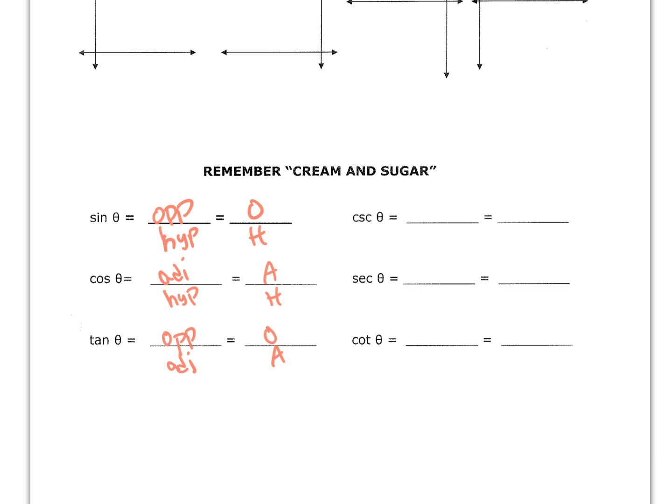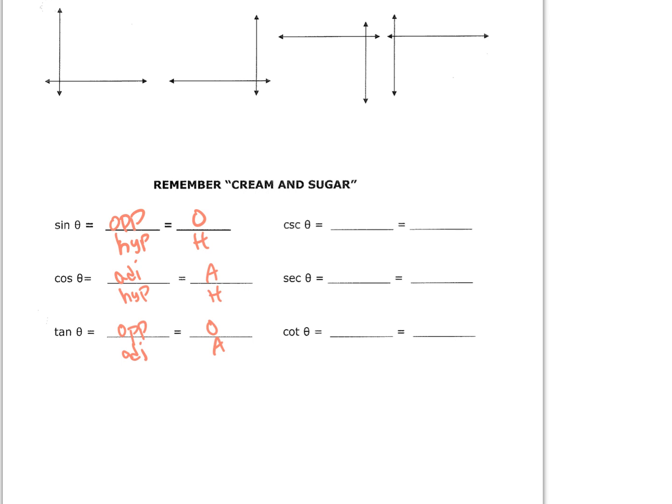The reciprocal of sine theta is cosecant theta, and it is abbreviated with CSC. The reciprocal of cosine of theta is secant of theta, however you want to pronounce that, and it is abbreviated with SEC.